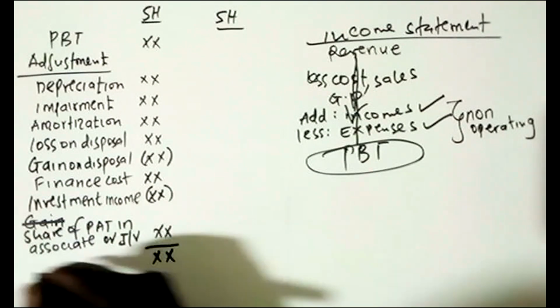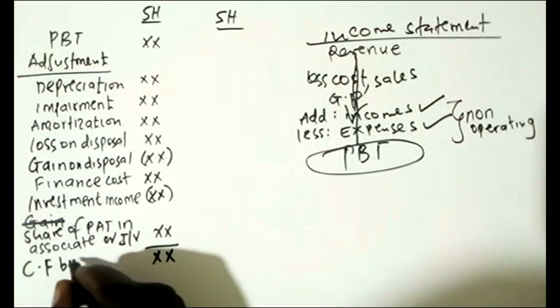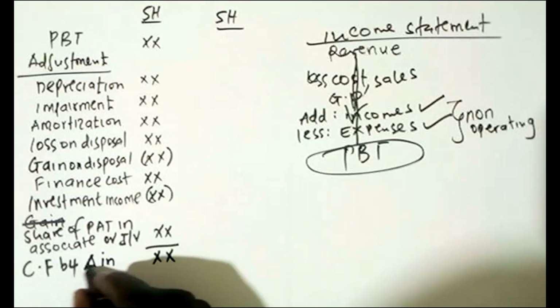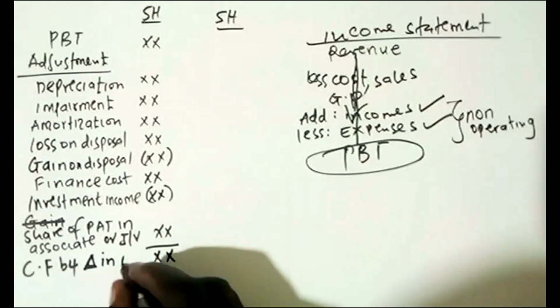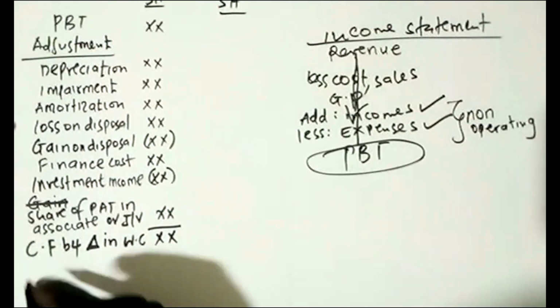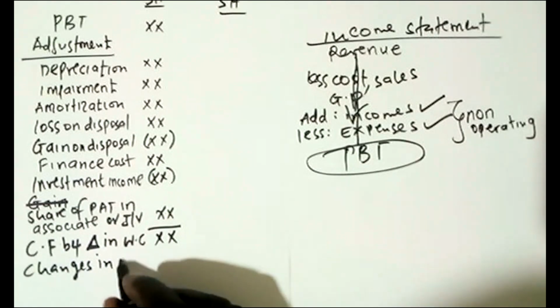So up to that point, you get cash flow. I will write in short, cash flow before changes in working capital. Then you will come and talk about changes in working capital.